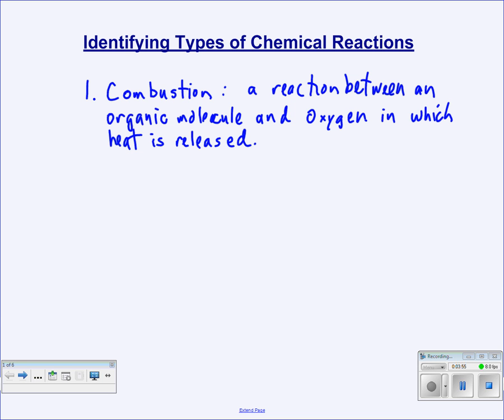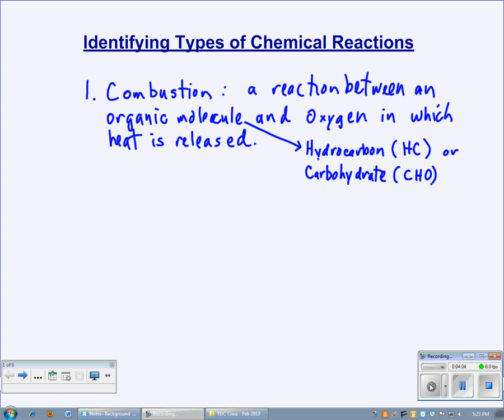Now, that organic molecule can be a hydrocarbon or a carbohydrate most often. For a hydrocarbon, we will generally abbreviate that as an HC, or a carbohydrate, because they contain carbon, hydrogen, and oxygen. We'll abbreviate that as CHO.